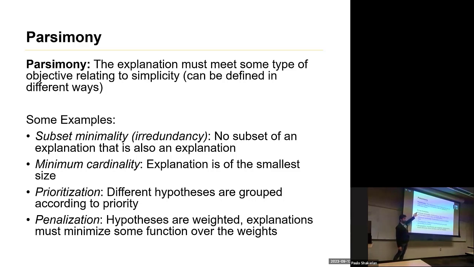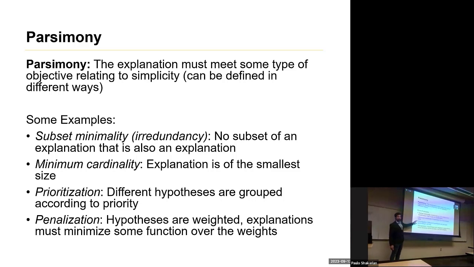So anyway, with the kind of abduction problem that we've shown you so far, you have what's called irredundancy or subset minimality. And what that means is there is no subset of my explanation that is also an explanation. The second one is minimum cardinality, and that's pretty clear. This is a common thing for those of you who get combinatorics, get the smallest set possible that's still covering. Prioritization.